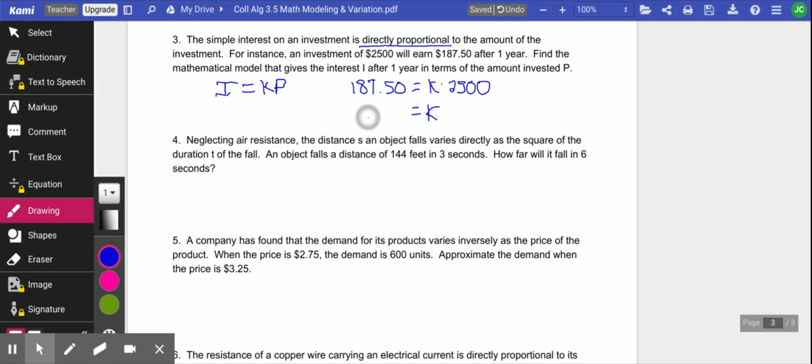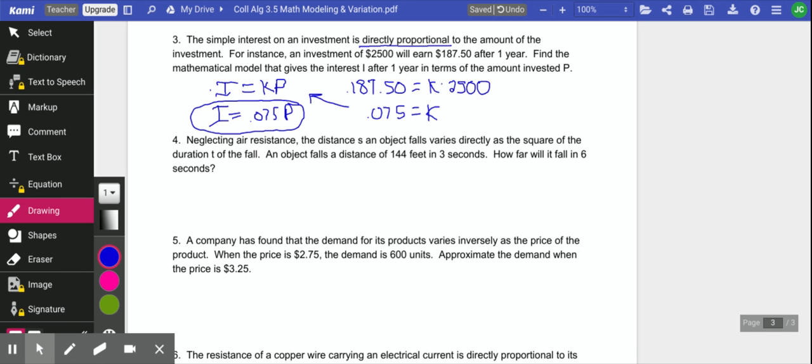And we find that k is 0.075. So we take that back over here to our model. The interest that we're going to earn in a year is going to be 0.075 times our principal. Okay, and that is our math model. So when you're trying to find these math models, start with whatever equation, plug in the values they give you to find your constant, and then go back and put that constant, that k, in the problem.